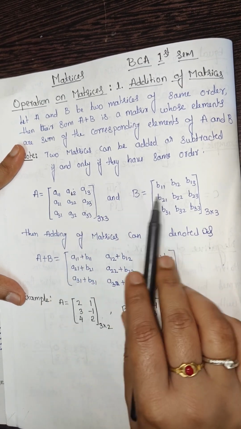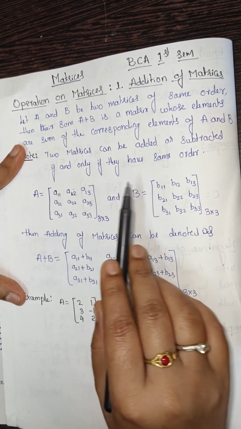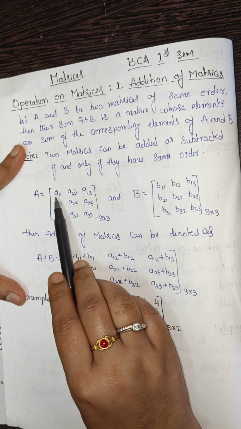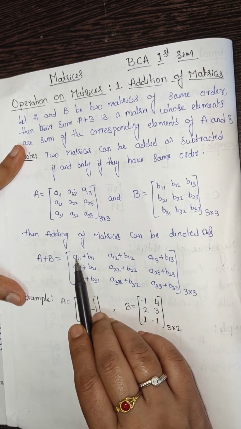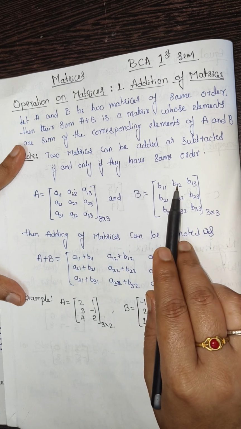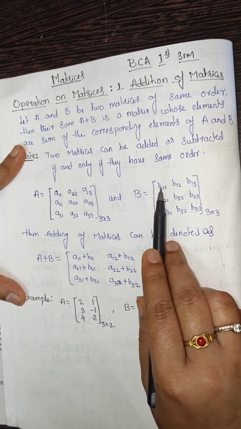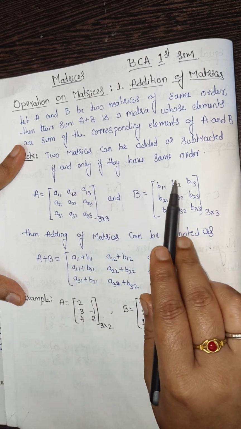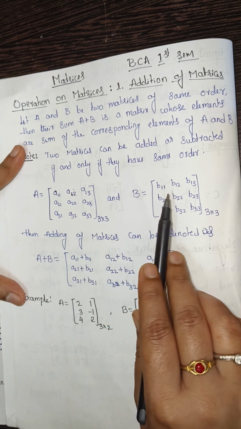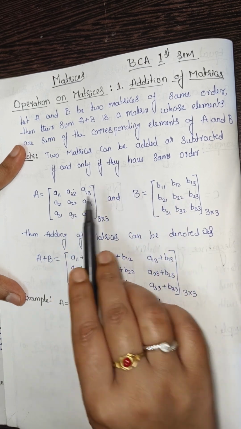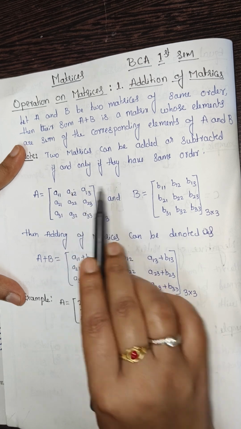If you are adding both matrices, you need to add the corresponding elements. Like A11 you should add with B11 only. You are not supposed to add A11 to B12. You should add A11 to B11 only, A12 to B12. That means you need to add the elements of both matrices of the same order at the same location, the corresponding elements.